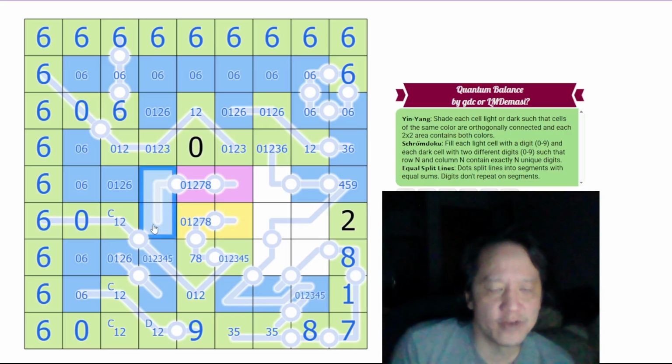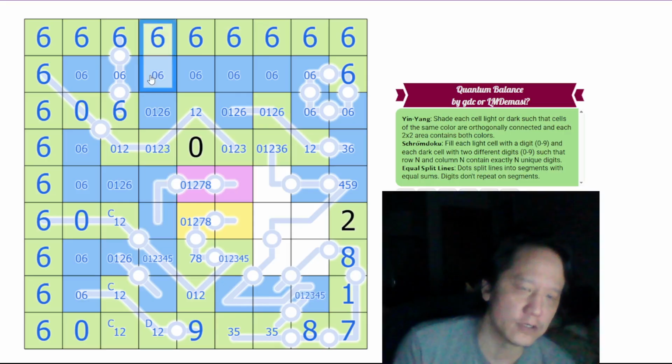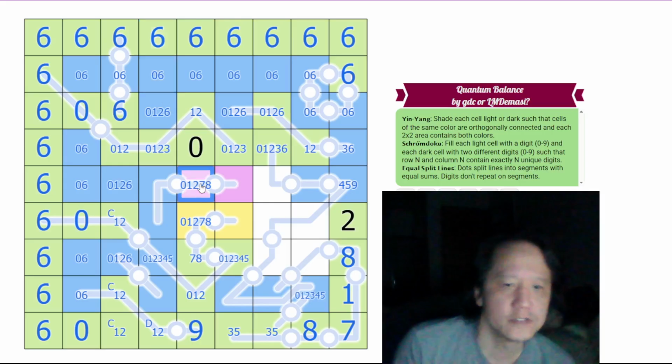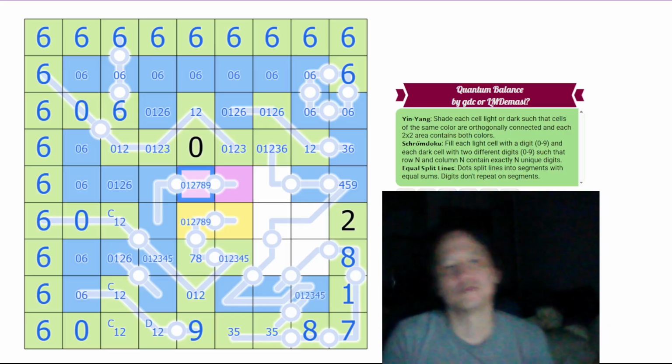This is the sum of at least 4 digits. Which could... Okay. No, this is the sum of 4 digits. We are guaranteed a 0 and 6 here. This is... I guess it could be 9 also. Yeah, I forgot. 9 can be here.